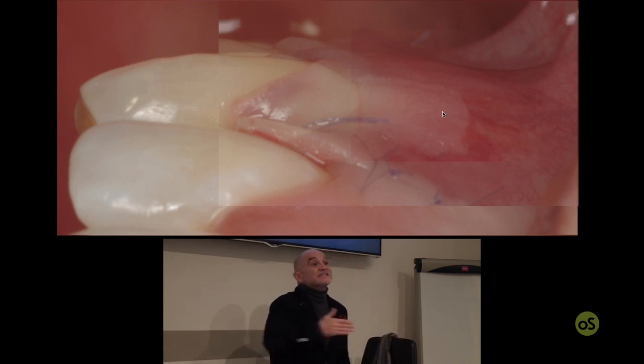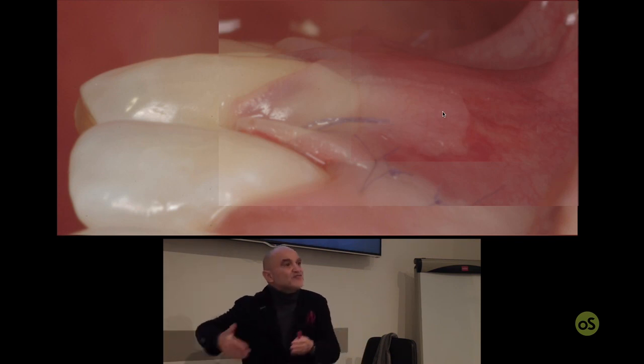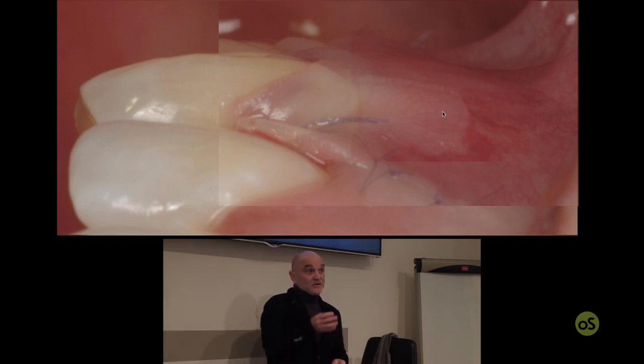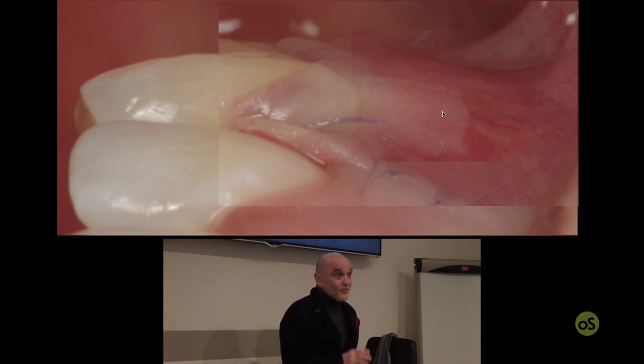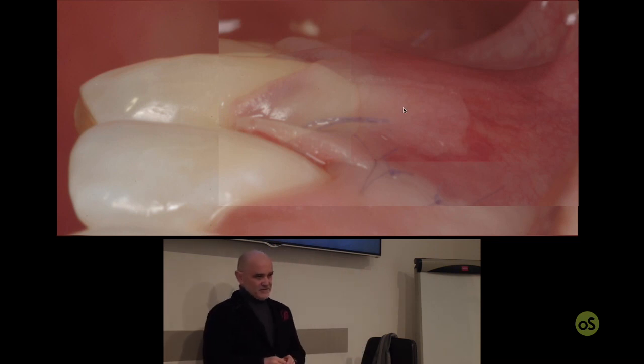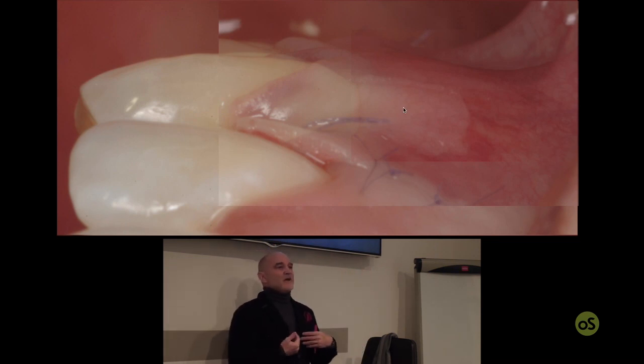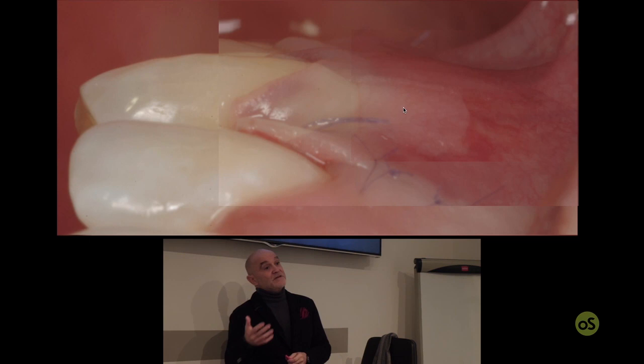If the recession is 10, I don't take 11 or 12 millimeters of graft, because that would be the case if you think that you are covering the root with the graft. Instead, I will take a graft whose apical dimension is the amount of keratinized tissue I would like to have in the flap in order to give the flap stability.